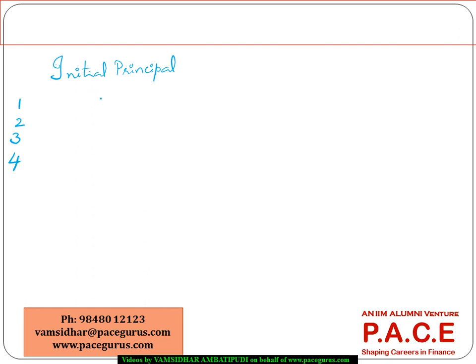So the initial principal is there, let's say some P. On that, the interest portion is P into I%, my interest rate for that period.